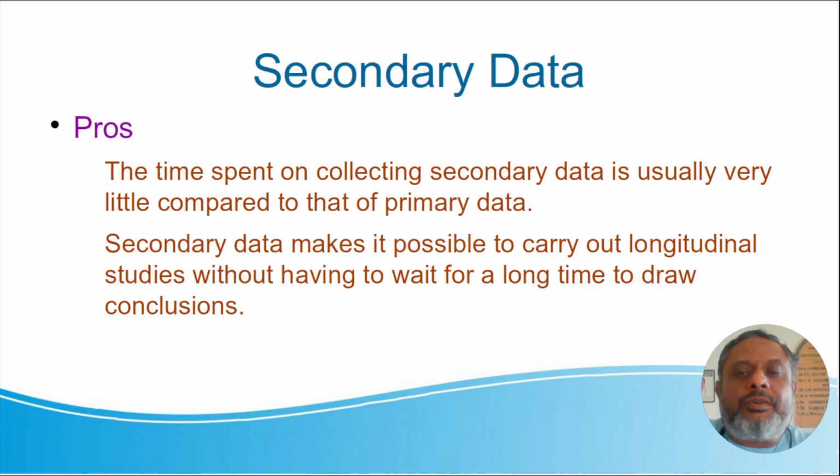Secondary data makes it possible to carry out longitudinal studies without having to wait for a long time to draw conclusions. So the data is available, so we can make various teams work on it parallelly. So we don't have to wait for one activity to complete before starting the second activity.